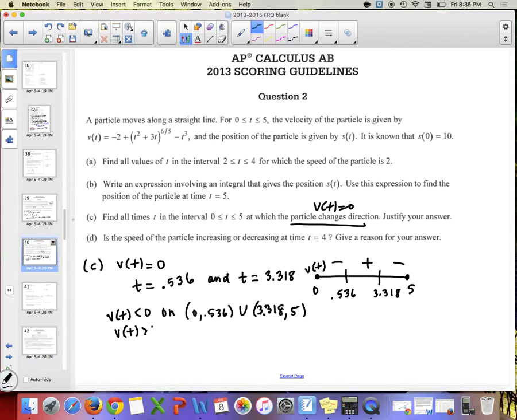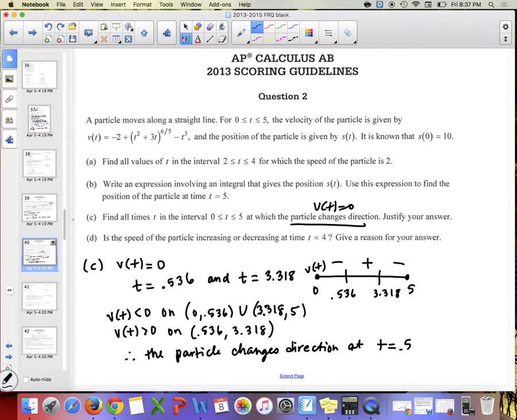And v of t is greater than 0 on 0.536 to 3.318. Therefore, the particle changes direction at t equals 0.536 and t equals 3.318. Okay, so you would have both of those as your answers.